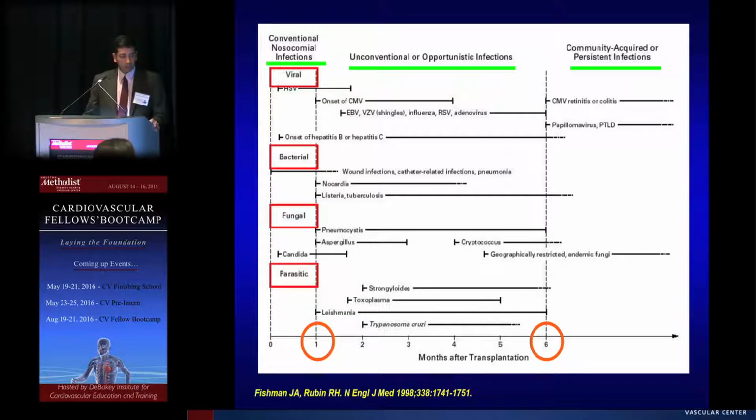As you can see here, bacterial infections occur in the first month or so, with wound infections, catheter-related infections, pneumonia, and then the geographically restricted endemic fungi, all the rest of the viral infections, and community-acquired infections after the first year.